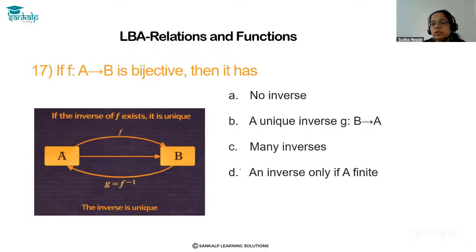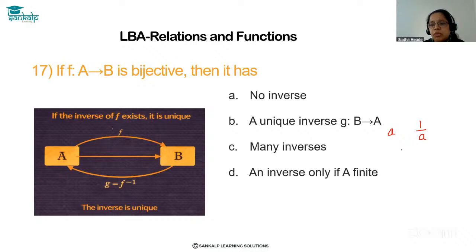Now, don't take function. Suppose a is an element. Then what is the multiplicative inverse of this? It's 1 by a. Any other inverse is possible other than 1 by a?